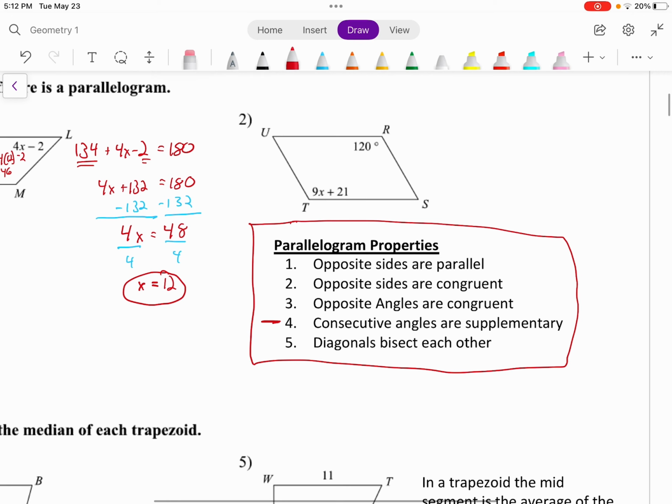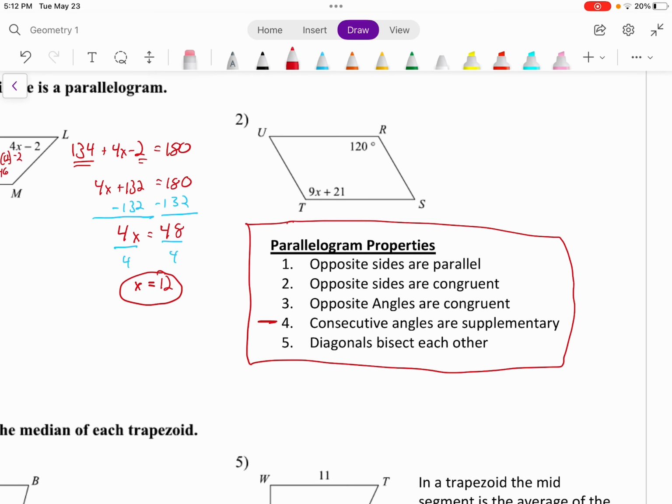Sliding over to number 2, these are opposite angles. And we see that opposite angles are congruent, which means they're equal to each other. So we can write 9x plus 21 is equal to the opposite angle, 120. And we just solve, so we subtract 21 from both sides, leaving us with 99.